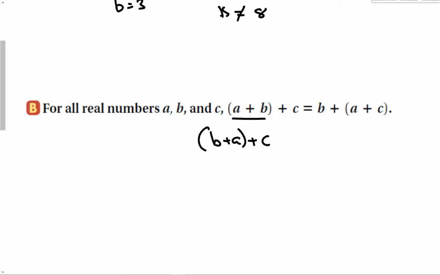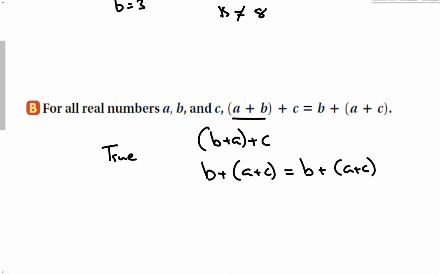Then let's use the associative property to move the parentheses to different things. So using my properties, I was able to show that the two sides are equal to each other. So this is true.